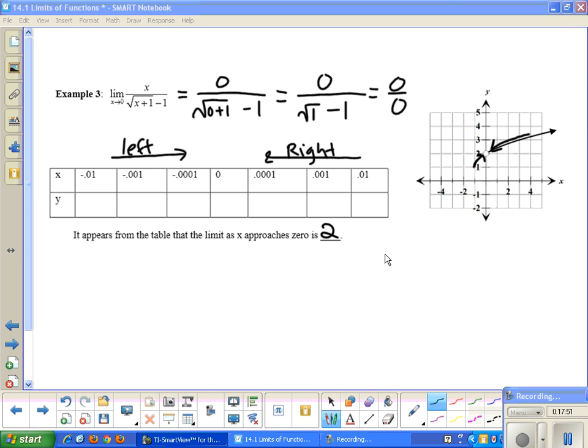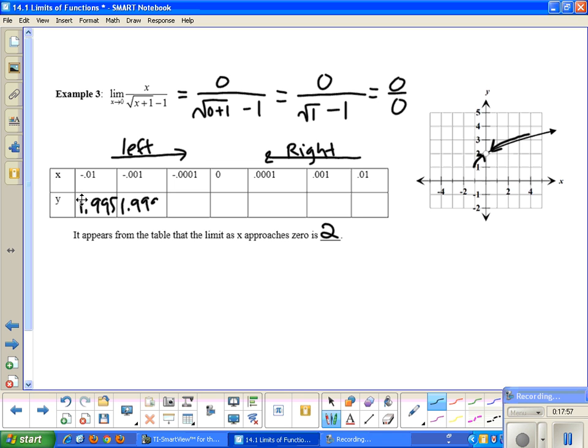So that's what we did graphically. So this was 1.995, 1.9995, 1.9999. This we don't know. 2.0001, 2.0005, and 2.005. So again, we were coming closer and closer to the value of 2.